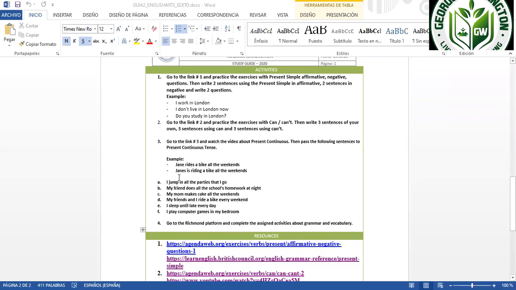In present continuous it is Jane is riding a bike all the weekends. So remember that in the present continuous, I need to add ing to the verb. Is riding, is making, is doing, depending on the sentence.